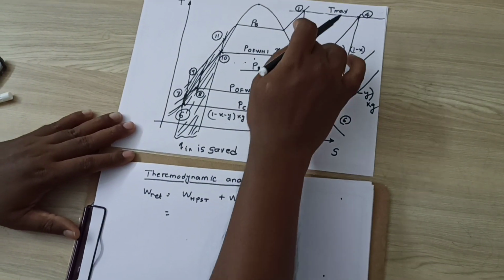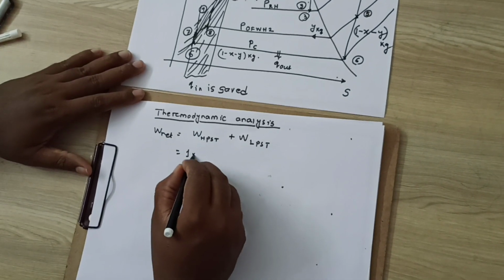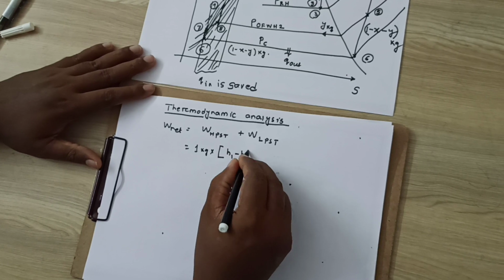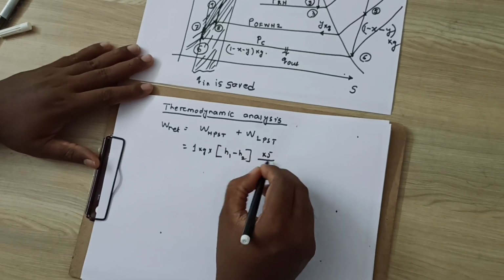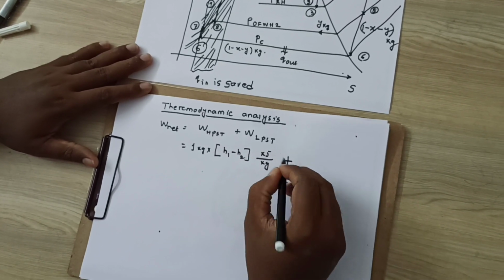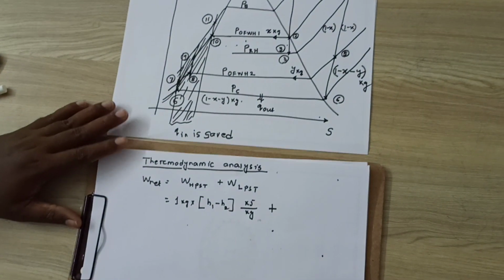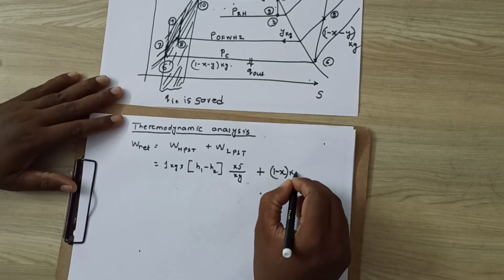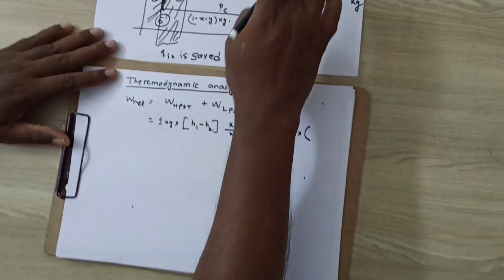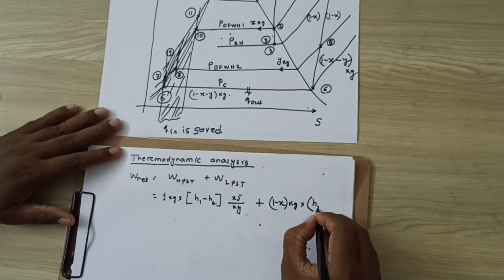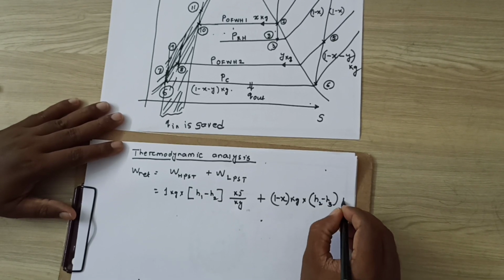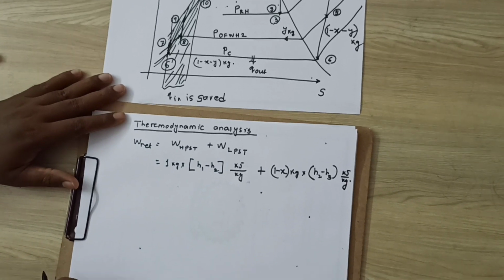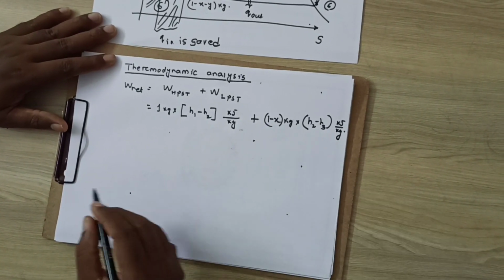So up to 1 to 2, this will be 1 kg of steam into H1 minus H2 kilojoule per kg, plus 2 to 3 it will be (1 minus x) kg into H2 minus H3. Okay, this is for the high pressure steam turbine.